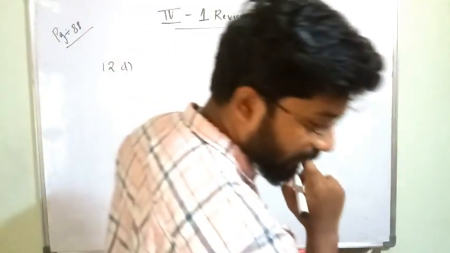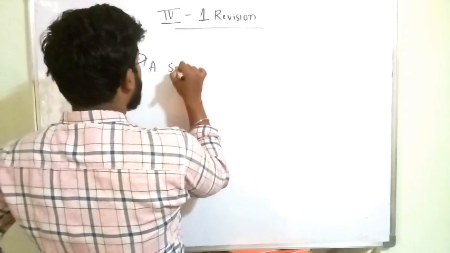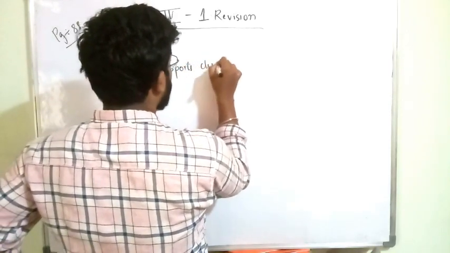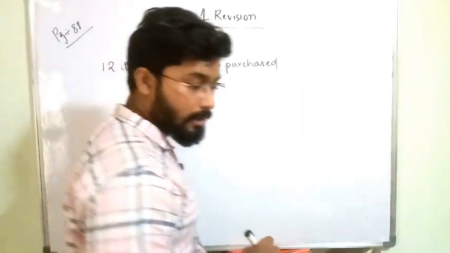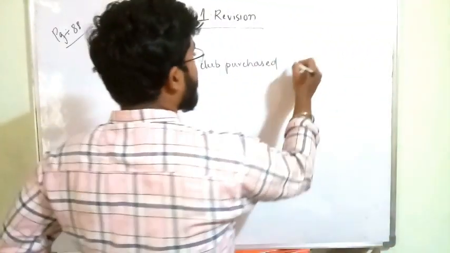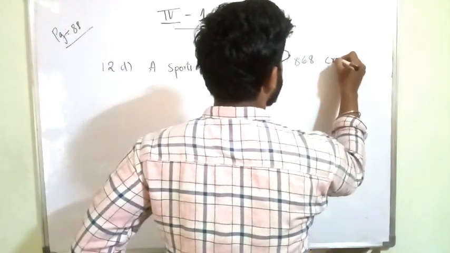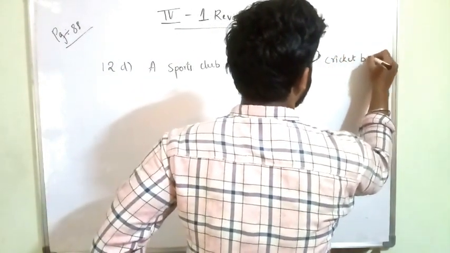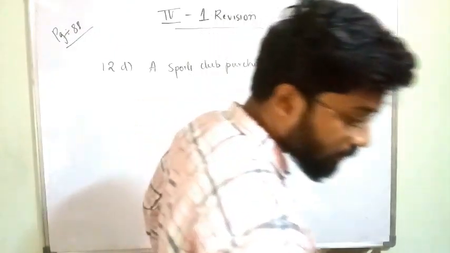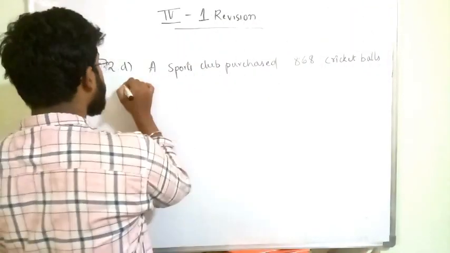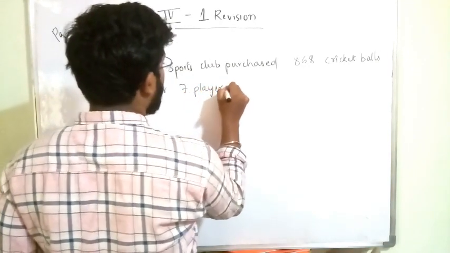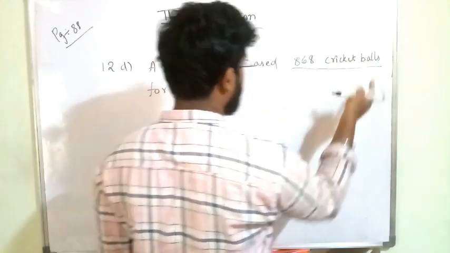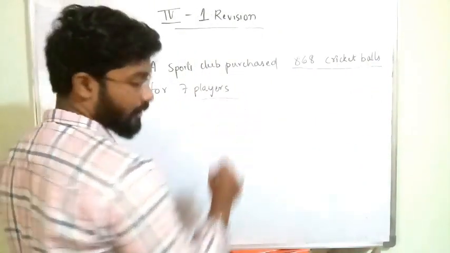So 12D, a sports club purchased, so there is a sports club, it has purchased 868 cricket balls for how many players? For 7 players. It has purchased 868 cricket balls for 7 players.